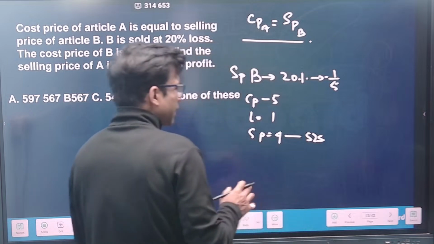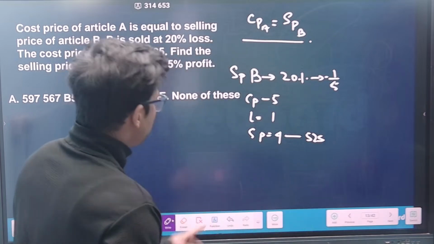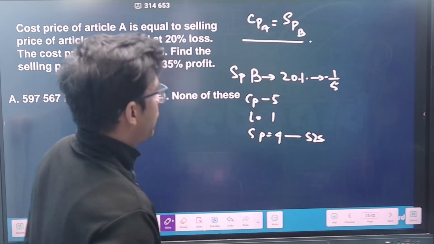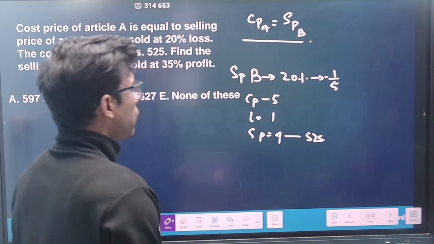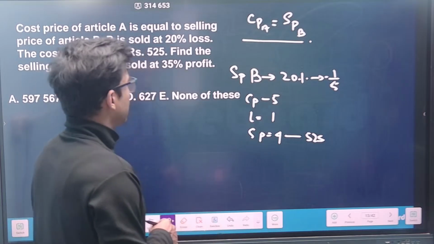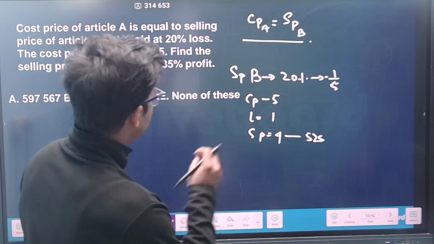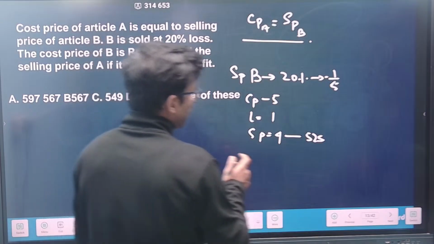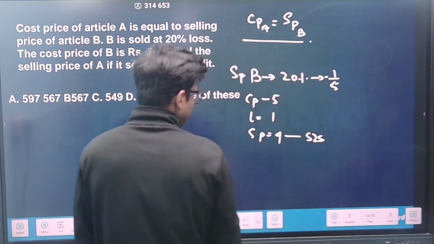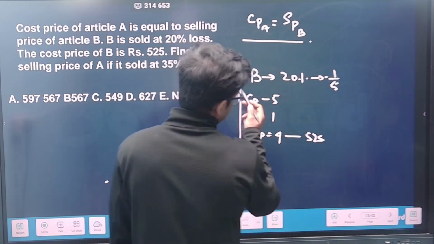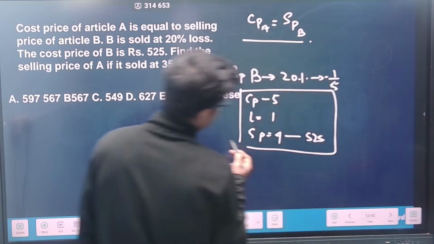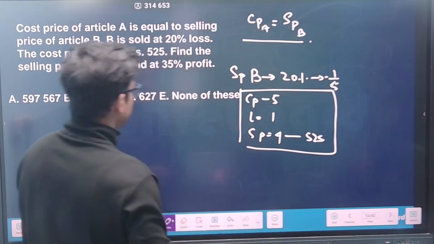Now see, the logic here comes. You know the cost price is basically 125. If you figure out the percent loss of it, the 20% of it, you will have a fractional part. But you can also think like that.